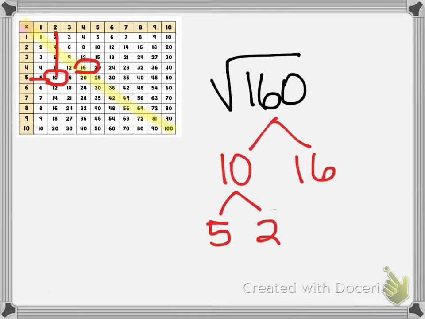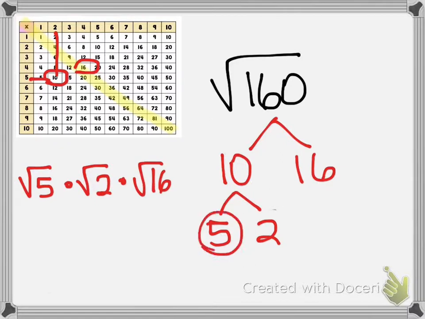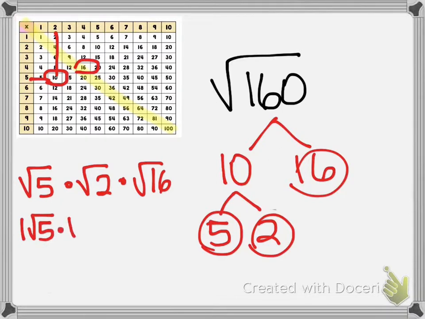So I'm going to say the square root of 160 is equivalent to the square root of 5 times the square root of 2 times the square root of 16. That would be all of my factors. So I'm going to simplify that by being 1 times the square root of 5 times 1 times the square root of 2 times 4 times the square root of 1, because the square root of 16 is 4.